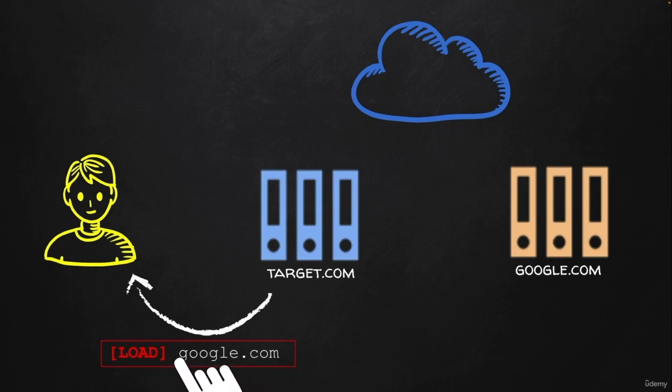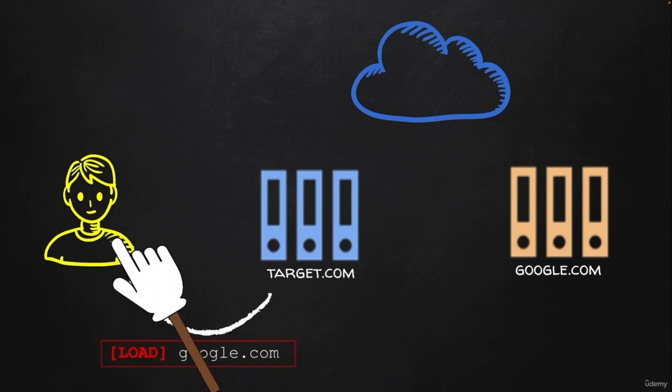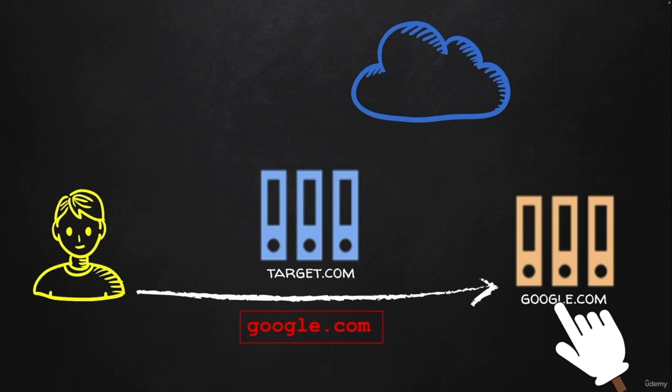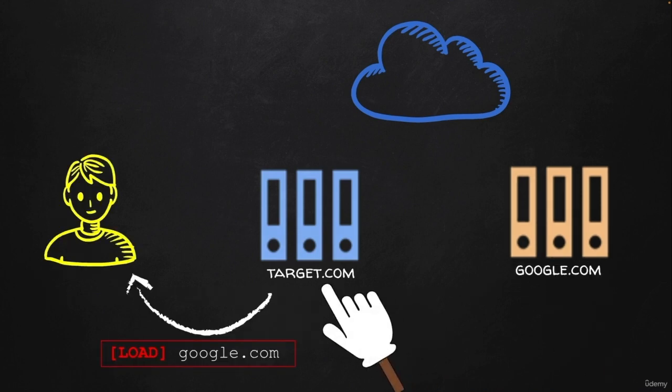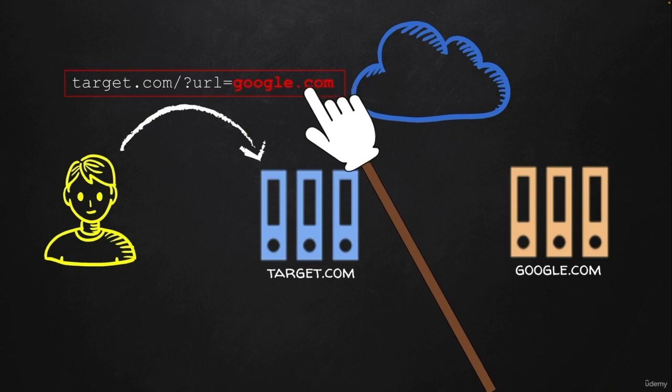Now I have the word load here in red because there are a number of ways where a web server can tell a web browser to load a different website. So what's causing the web browser to load the specified website is the response that is coming back from the target website as a result of the initial request that the user sends with the URL specified.